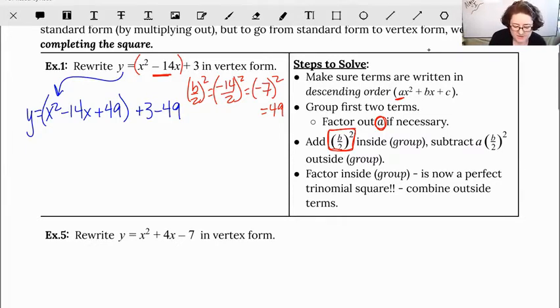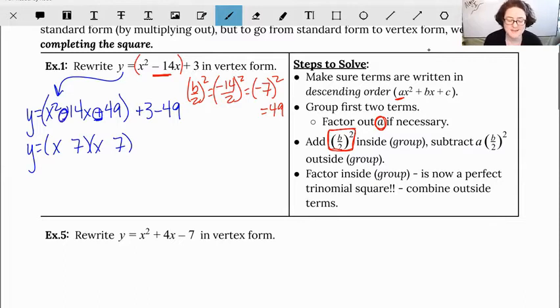Now I have this x^2 - 14x + 49, and I can actually factor that. I know it starts with an x and an x. We have this 49, which I know is a perfect square because I did the math: 7 and 7. I would need two negative signs to multiply to make that positive but add to make that negative, so -7, -7.